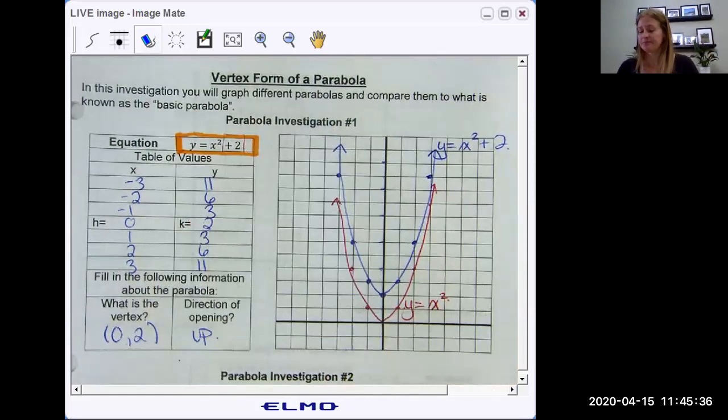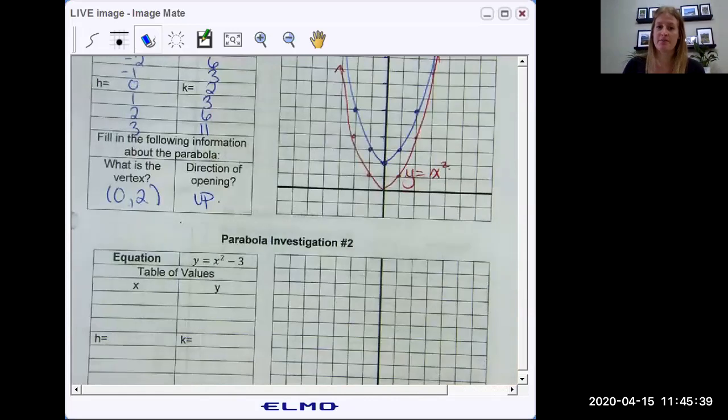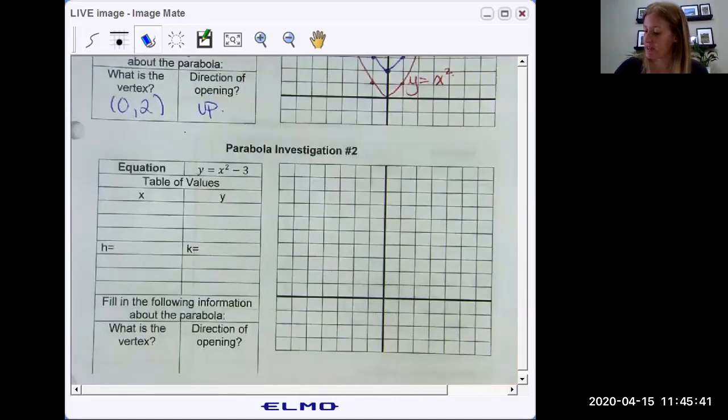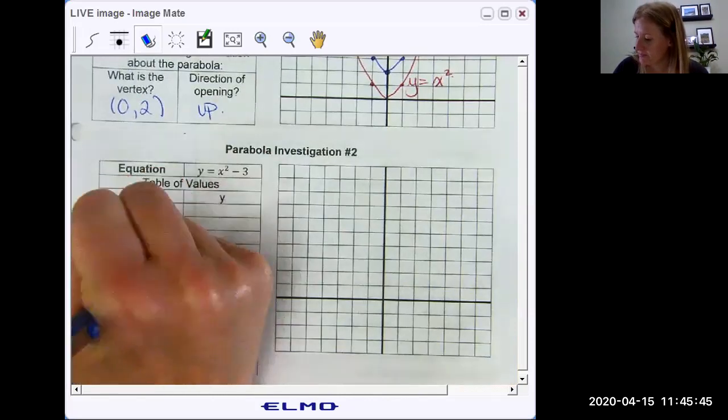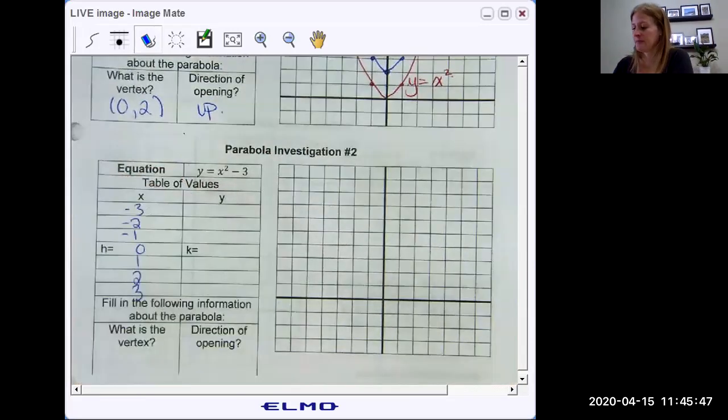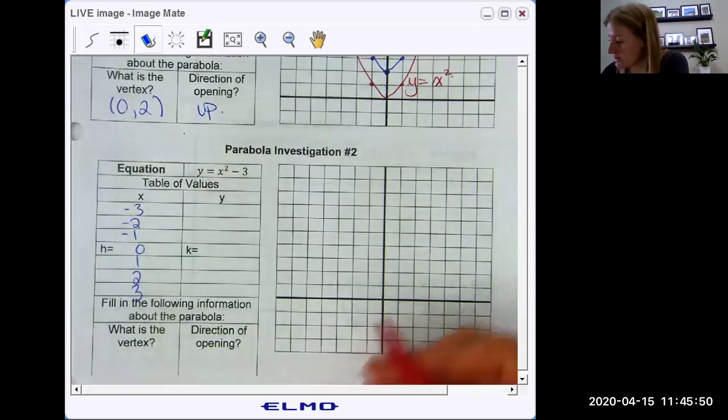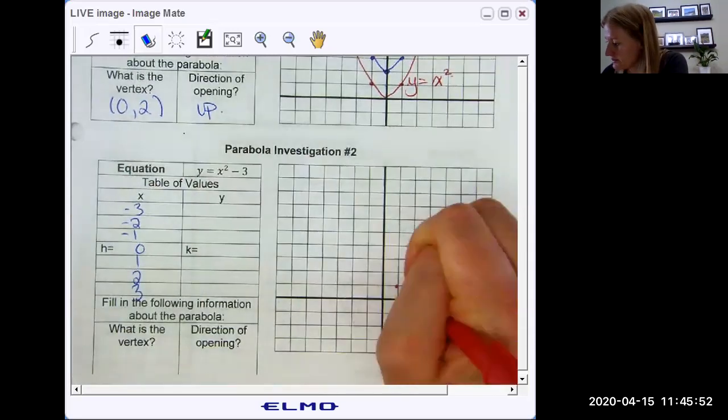Okay, this time we have y equals x squared minus 3. Fill out a table of values for me, please. And sketch it out. I'm going to draw my base parabola.